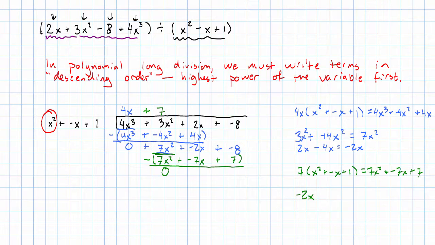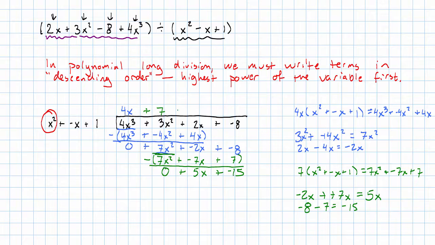Negative 2x minus negative 7x, that's the same as plus positive 7x, is 5x. Negative 8 minus 7, that's negative 15.